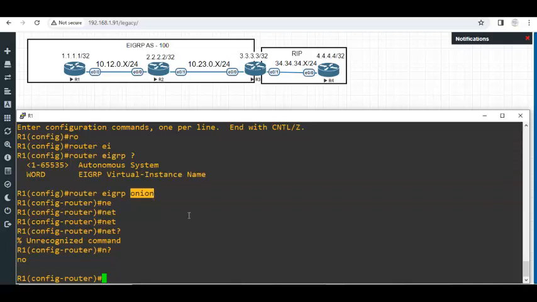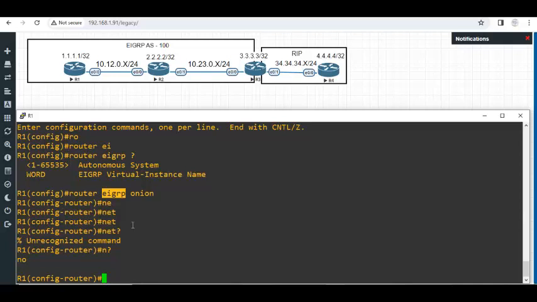You need to get into the autonomous system number. You need to get into the IPv4 EIGRP address family. Right now, EIGRP does not know whether you are going to configure IPv4 or IPv6 EIGRP. You understand what I'm trying to say?